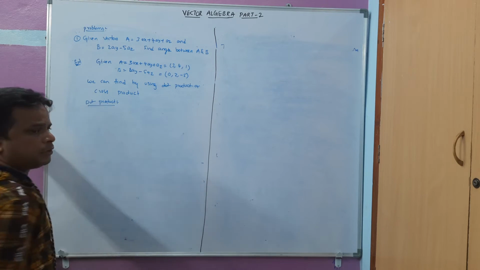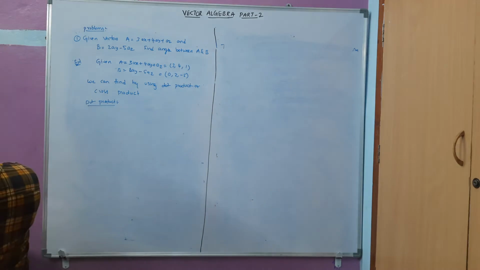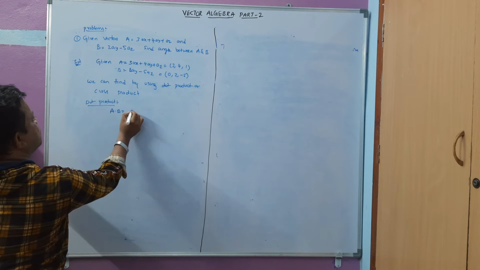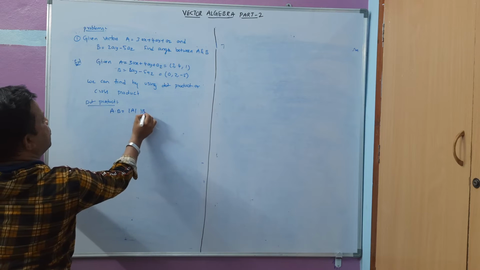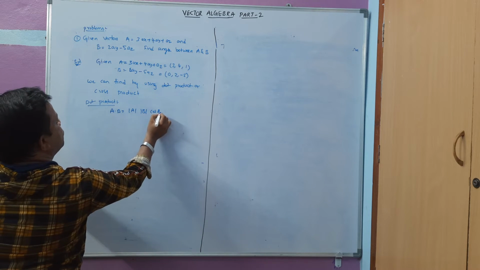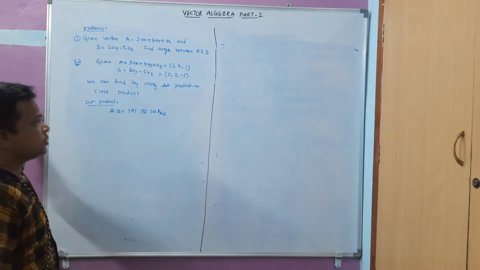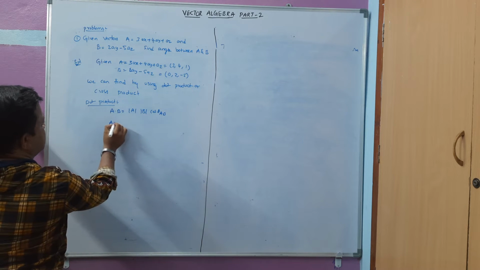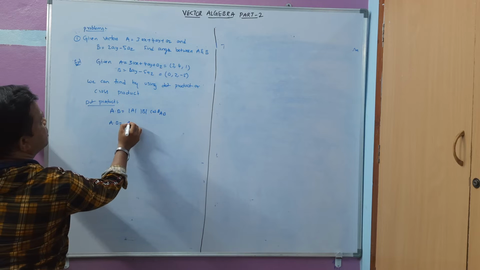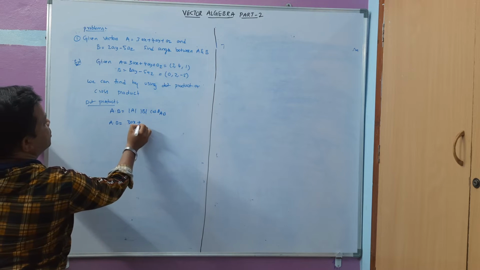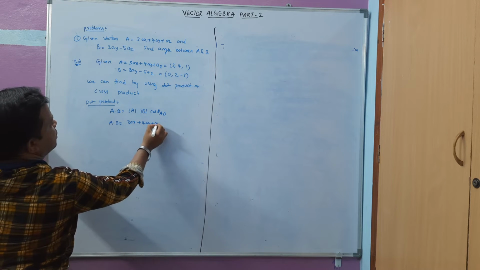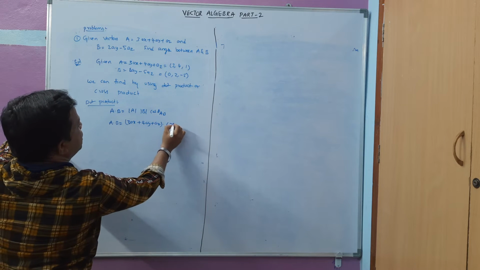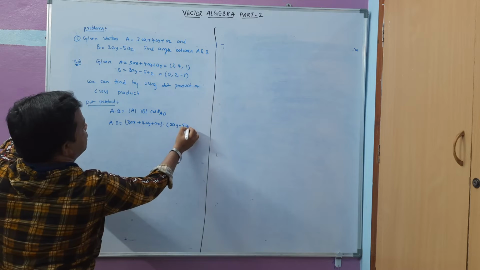So we know the dot product formula, that is A dot B is equal to mod A mod B cos theta of AB. First we will take the dot product here. A dot B means 3ax plus 4ay plus az dot 2ay minus 5az.